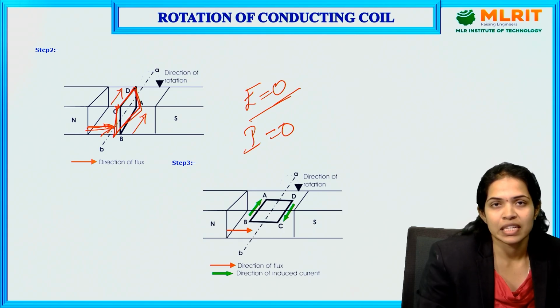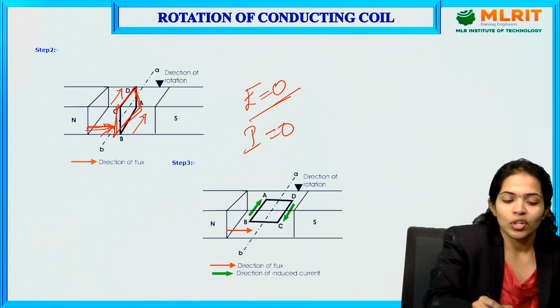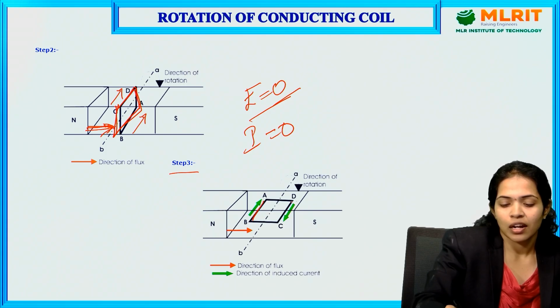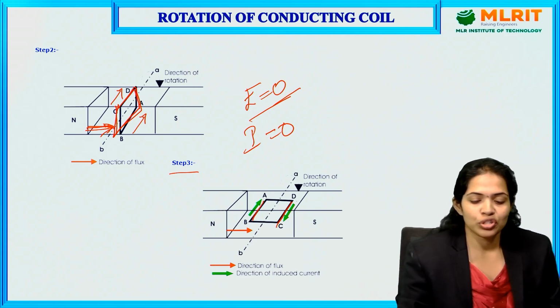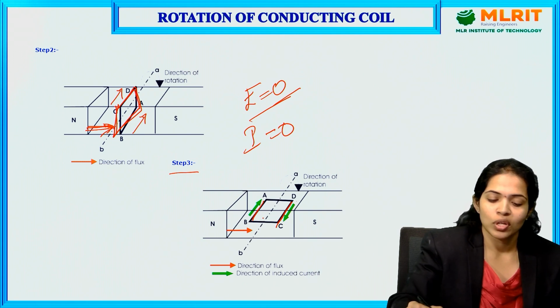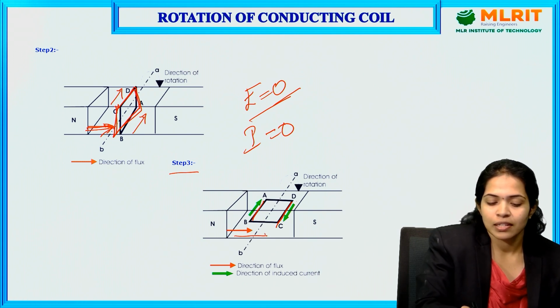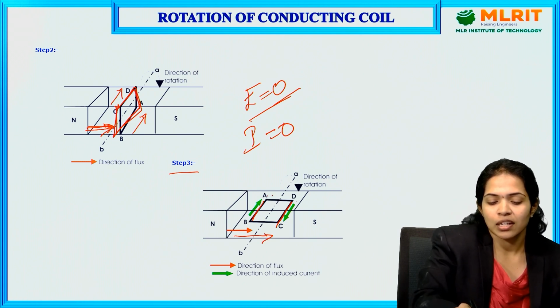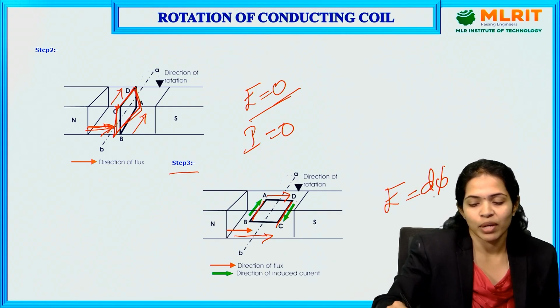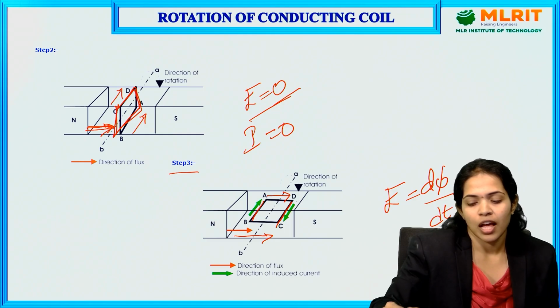And moving on to the next step, again the coil sides have come to the initial position after one complete rotation. In this position also, the magnetic flux lines and the conductor are parallel to each other. So in this case, again the EMF is given as d phi by dt, and the value of EMF is also maximum in this position.